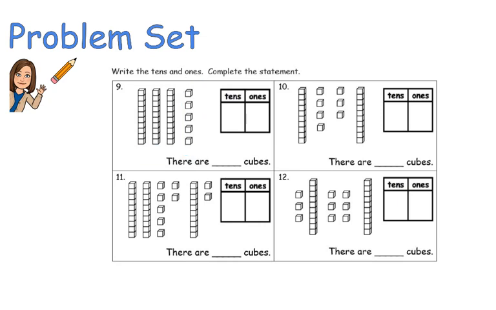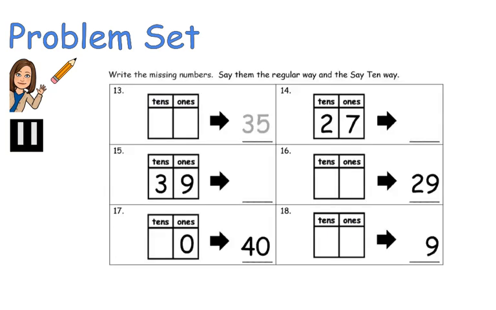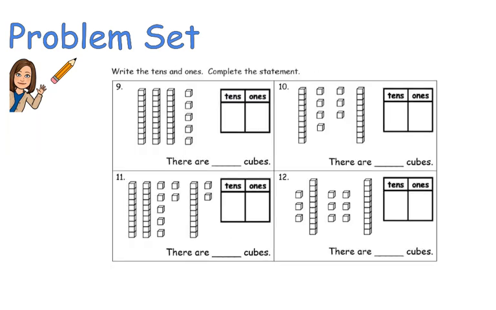So, I'm going to do the first few with you and then you're going to try some by yourself. Alrighty. So our directions say, write the 10s and 1s, complete the statement. So, we have to look at it. We have to see how many groups of 10, how many ones, and how many are there total?